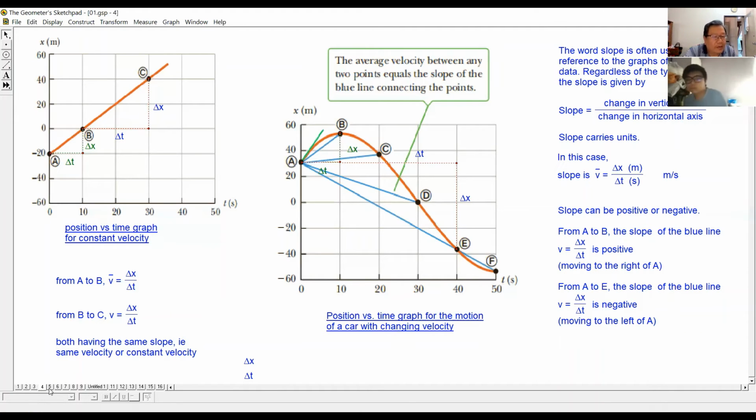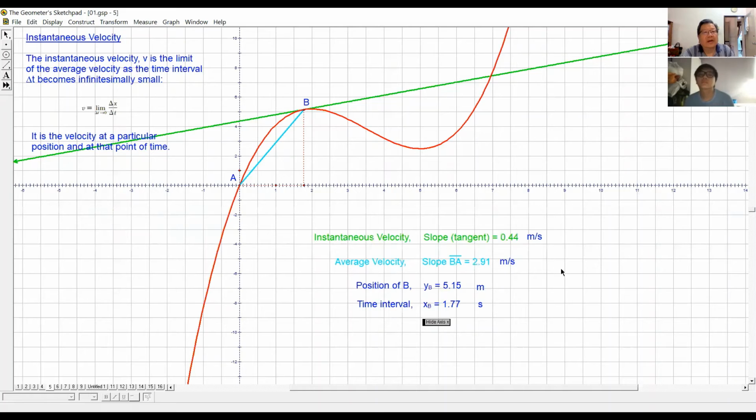Okay, we go on. This one is talking about instantaneous velocity. Instantaneous velocity means the velocity at that moment, at that particular point. It is not stretched over a time interval.